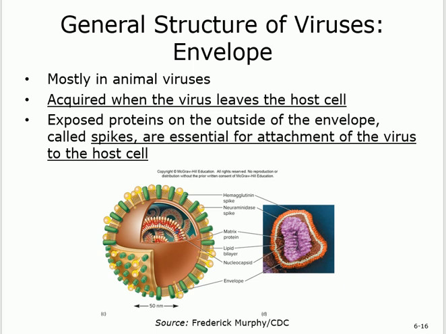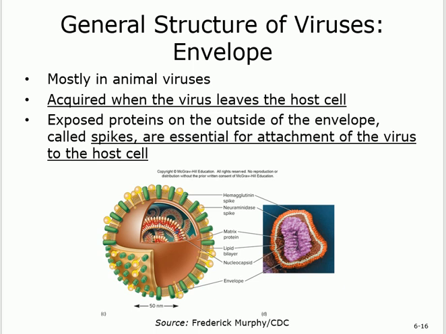While leaving, during release. After they've done everything, replicated, made different copies, and now are leaving, wait a minute, before leaving they get an envelope. They steal part of the membrane of the cellular structure and make an envelope out of that. So here is the structure again.